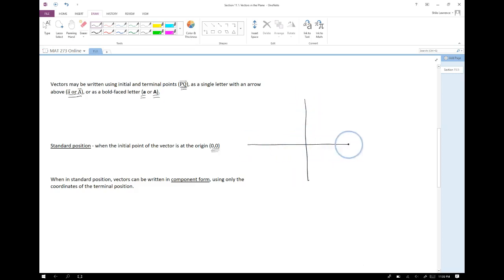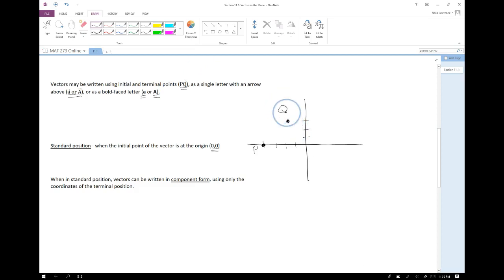So I'll show you a quick little example with a graph. Let's say we've got initial point at -4, 0. That's our P. And then we've got a terminal point at -2, 3.